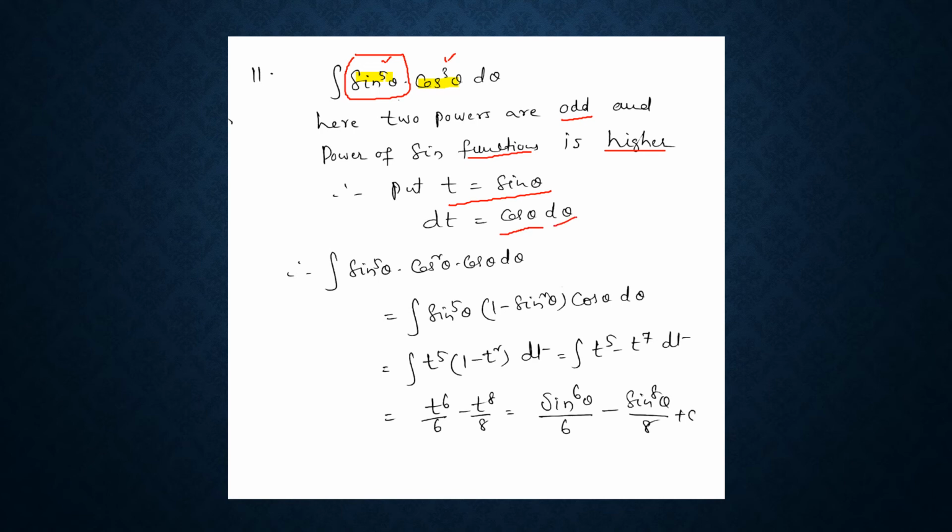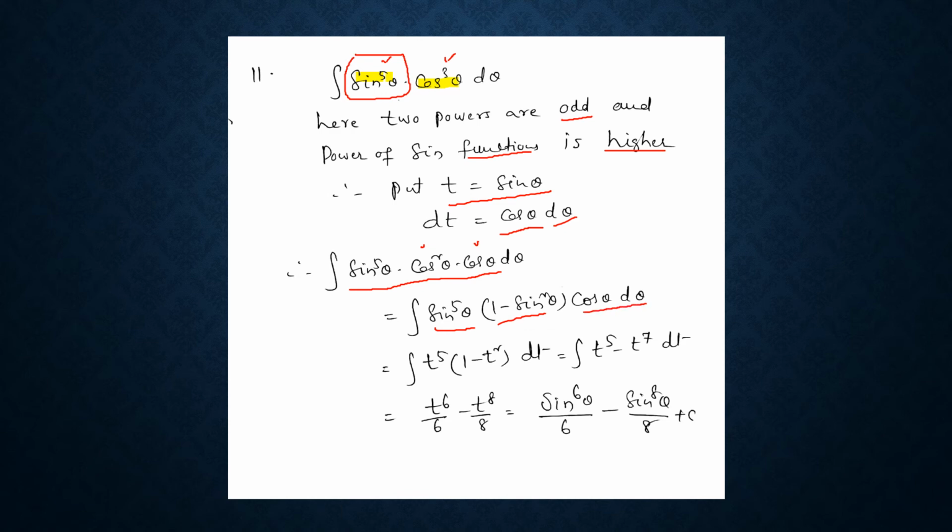Therefore, the given integrand becomes the integral of sin to the power of 5 theta into, here cos cubed theta can be written as cos square theta into cos theta d theta. So we can write cos square theta in terms of sin theta, and cos theta d theta is dt. Then the integral becomes sin to the power of 5 theta into cos square theta, written as 1 minus sin square theta, into cos theta d theta.